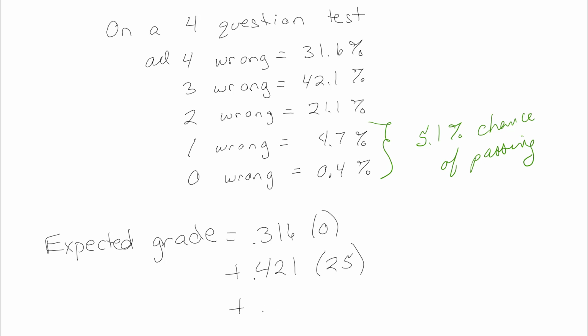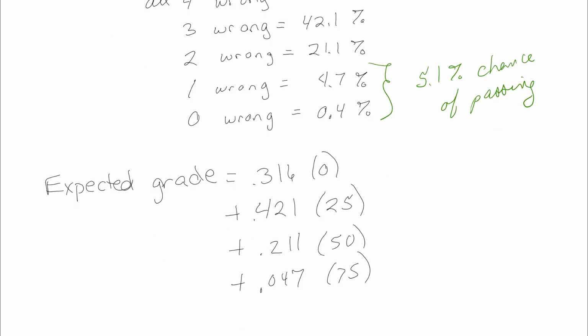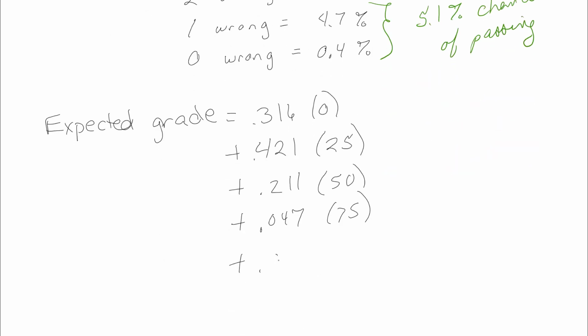I have a 21.1% chance of getting a 50 on the test. A 4.7% chance of getting a 75. And I've got a 0.4% chance of getting 100 on the test. And if you're really careful with your sig figs, that gets you an expected grade of 25.